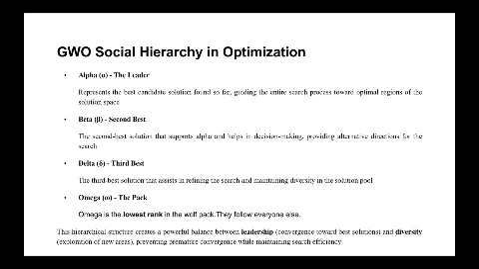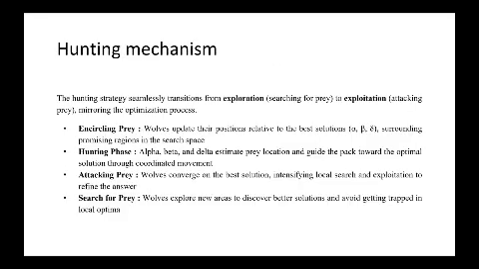Delta, the third solution that assists in refining the search, maintaining diversity in the solution pool. And Omega includes the rest of the pack, which is the lowest rank of the wolf pack. They follow what everyone else says. This hierarchical structure creates a powerful balance between leadership and diversity, preventing premature convergence while maintaining search efficiency.